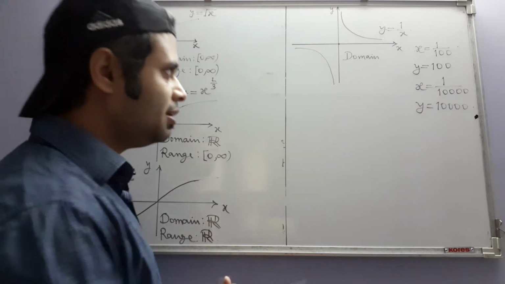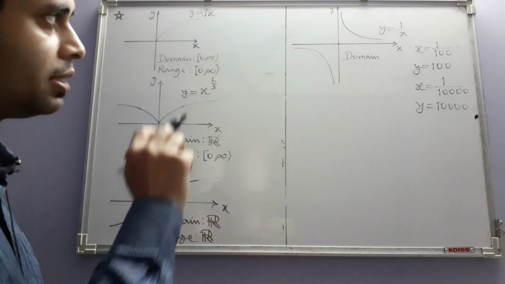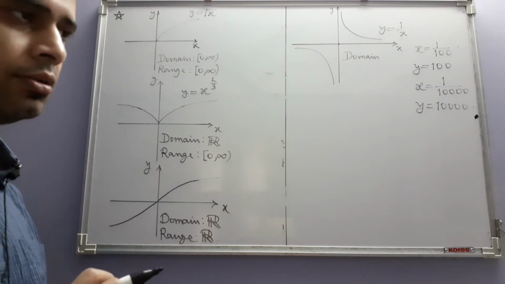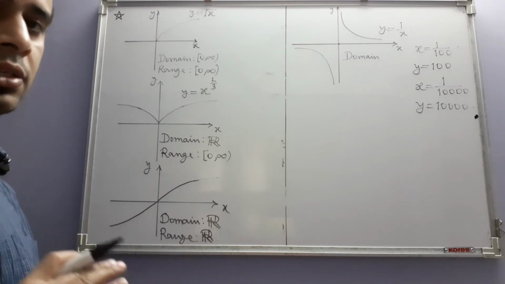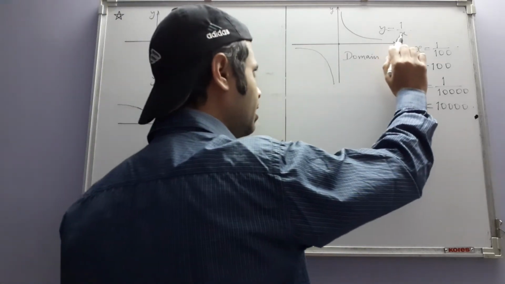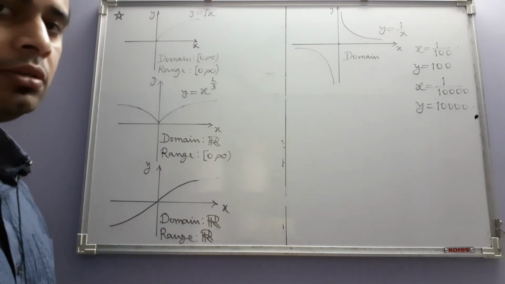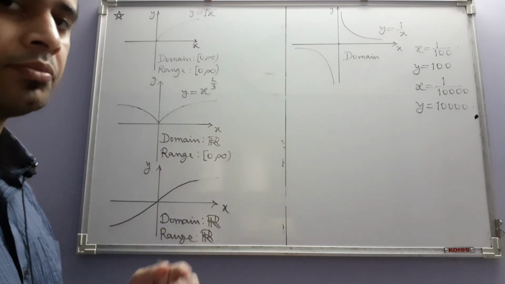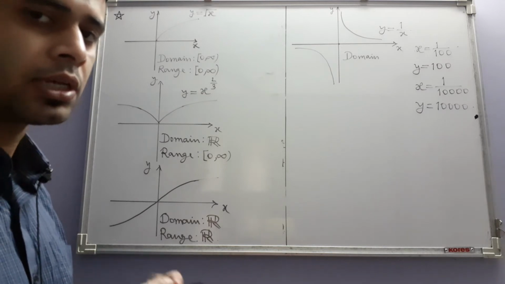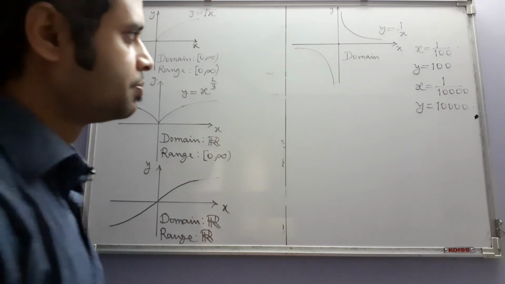Fine, but infinity is not a real number. So infinity is not a point in the domain of this function. So 1 over infinity is 0. At least at this stage we should not think like that. We are dealing with real numbers, so infinity and minus infinity are not to be considered in these situations. Under no circumstances are infinity and minus infinity real numbers.